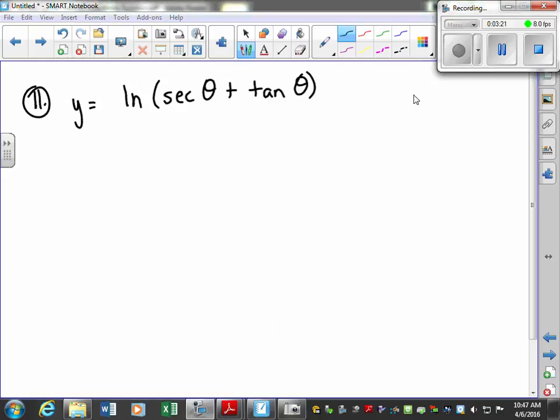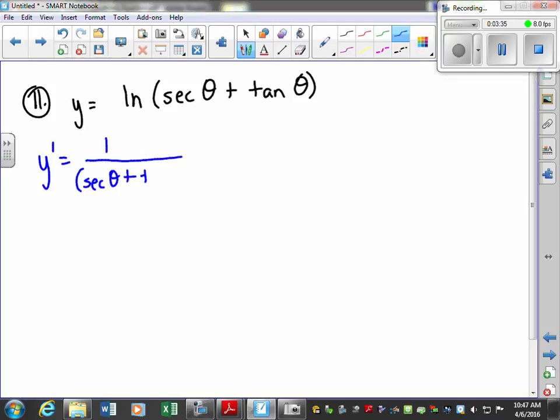Okay, y is equal to the natural log of secant theta plus tangent theta. So let's take our time as we work through this. So y prime is going to be 1 over our parenthesis, secant theta plus tangent theta, d theta of that parenthesis.